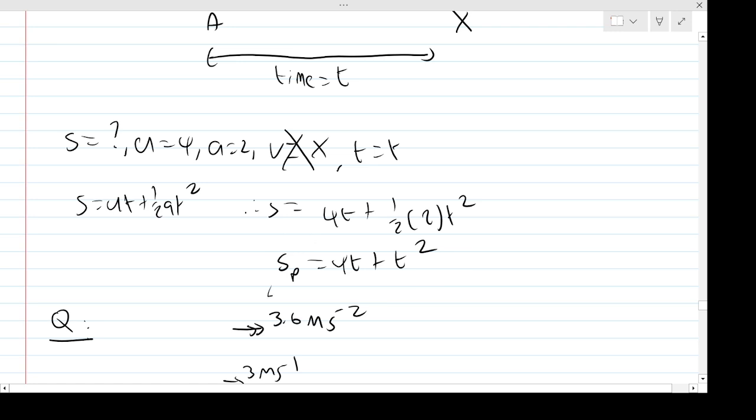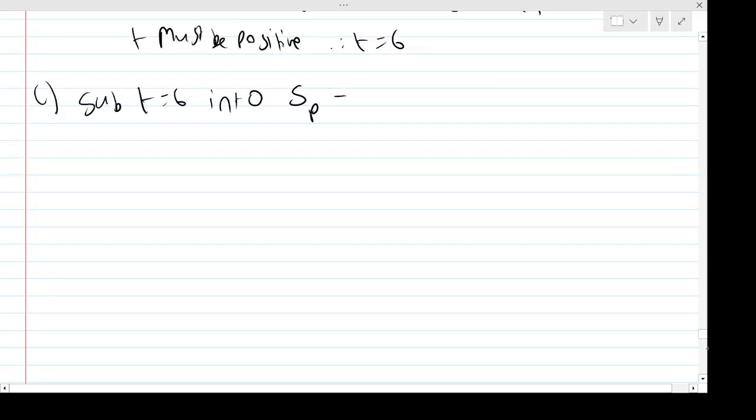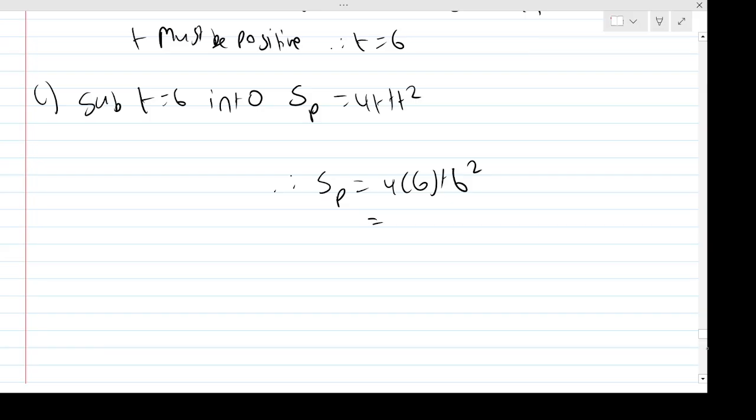If I substitute this into SP, 4t plus t squared, with t equal to 6, SP is going to be 4 lots of 6 add 6 squared. So that will get me 60. Okay, 60. So that is my distance.